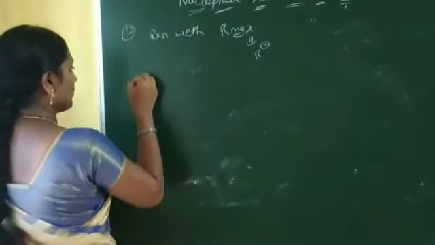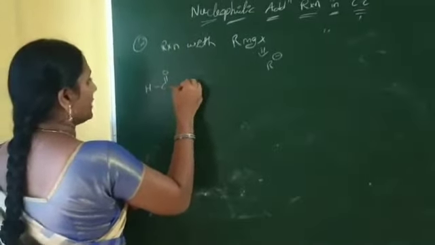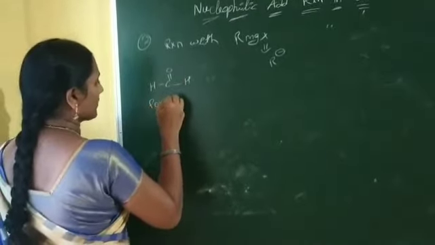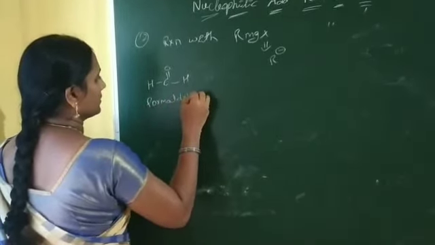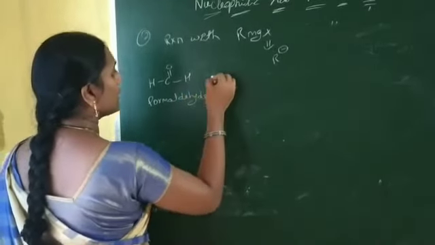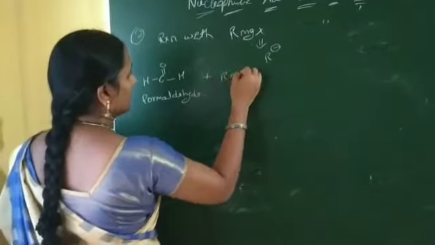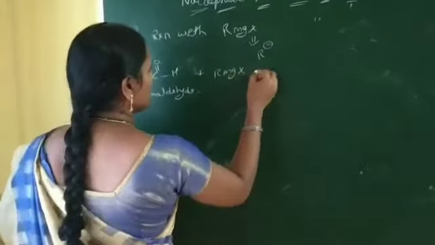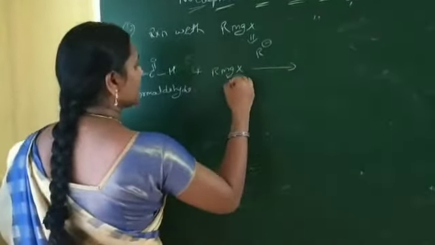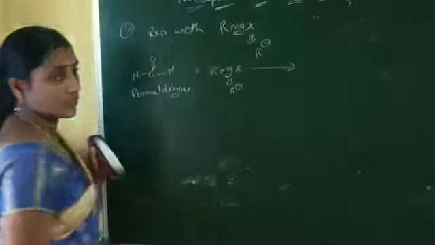Now in the first one you take formaldehyde. Now this formaldehyde is treated with Grignard reagent. The Grignard reagent gives the R minus nucleophile.